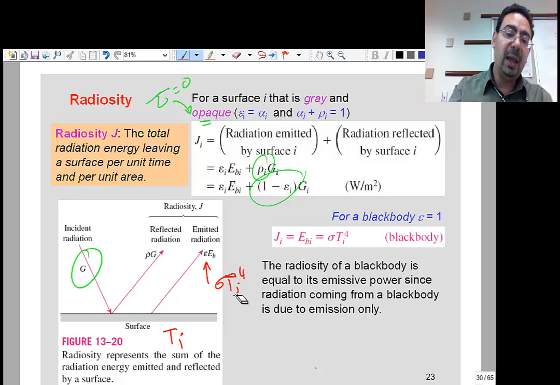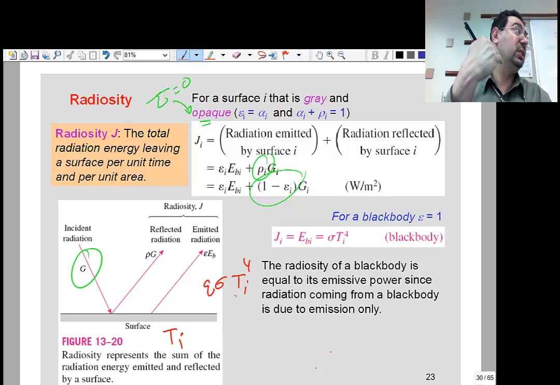But because he's not a black body, he's a gray body, which is an idealization of a real body, you would basically say it's epsilon sigma T to power 4. Again, this is per unit area. If you want to know exactly how many watts, you multiply that by the area.